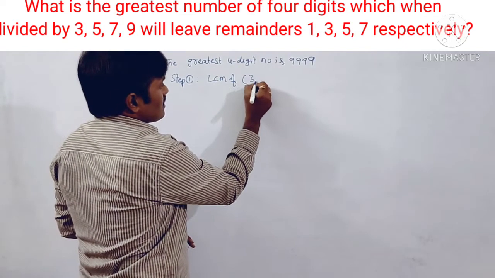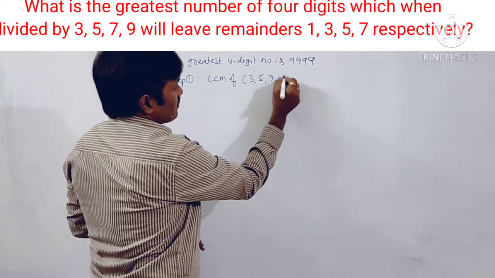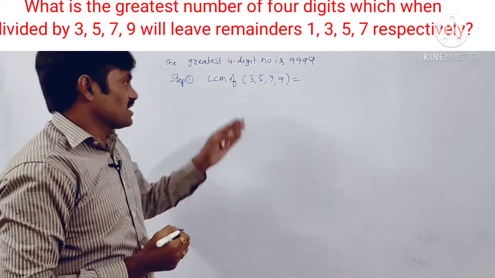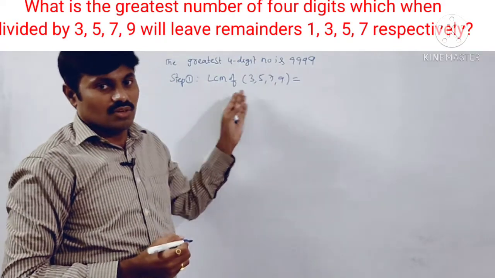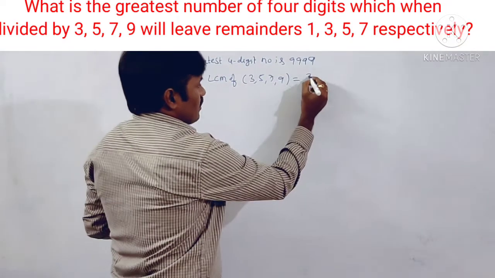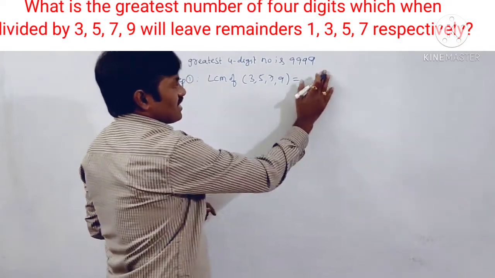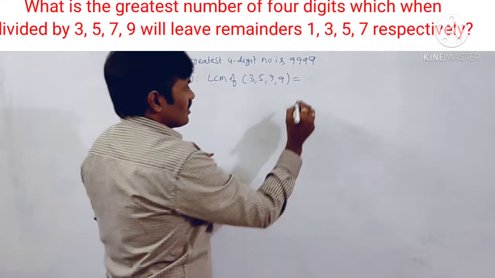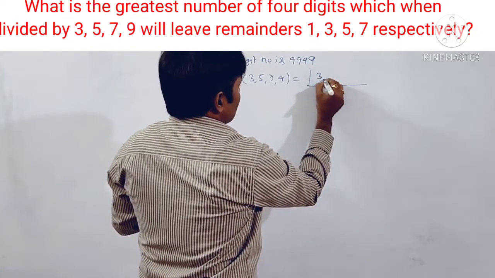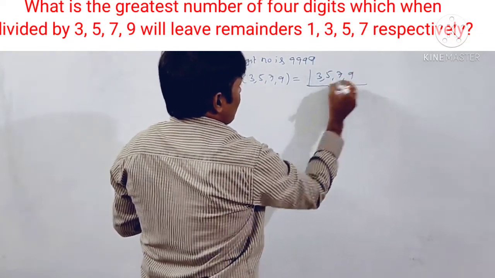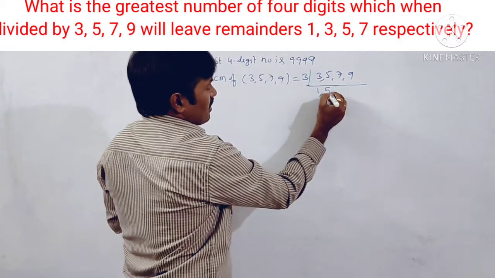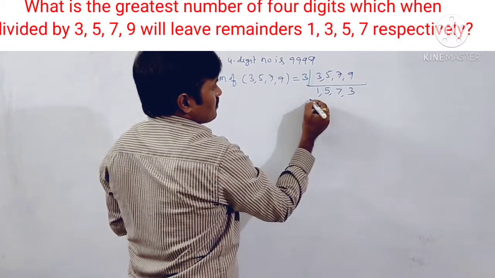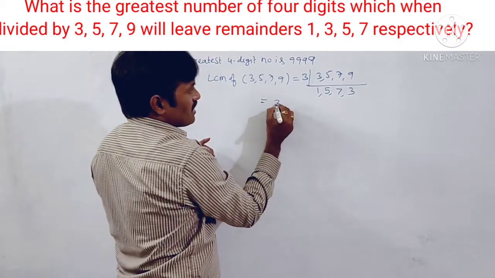What are those divisors? 3, 5, 7, 9. If you observe, is there any common table? No common table. So their product is their LCM. Yes, sorry, there is a common table, 3 and 9. So 3 table 1 times, 7 3 times. So there is no other common table, so their product is the LCM.